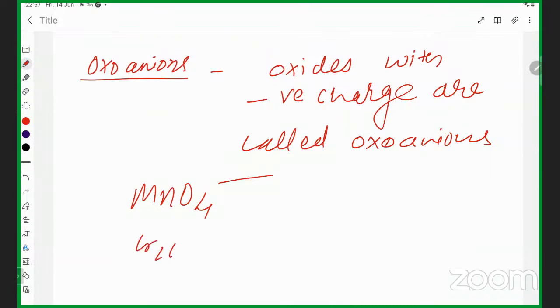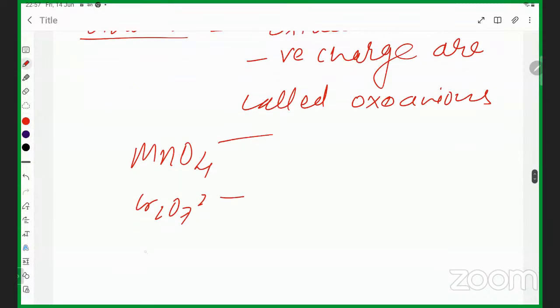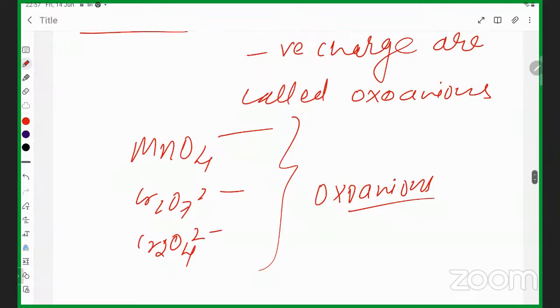Now Cr2O7 2 minus, oxoanion. So oxoanions have the same nature: low oxidation state, basic; intermediate, amphoteric; high oxidation state, acidic. Got it? Yes, sir.